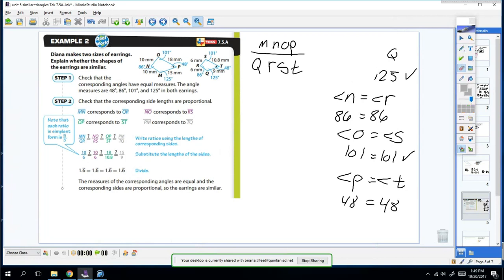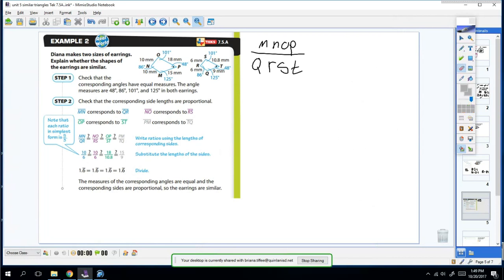Now we have to determine if their sides are proportional. The first side I'm going to look at is side MN. MN goes with QR. MN is 10. QR is 6. That can be simplified down to 5/3.